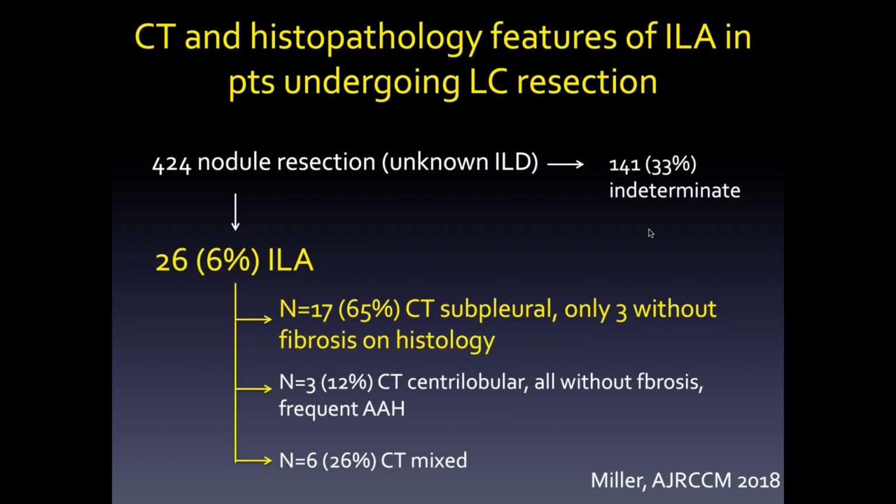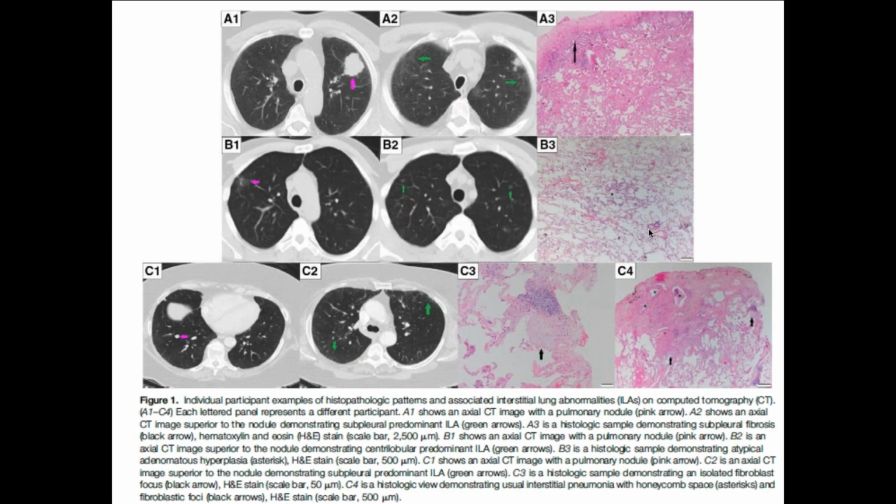They analyzed lung tissue obtained in subjects submitted to lung resection for lung cancer without ILD or with unknown ILD, and they found centrilobular alterations, so mainly smoking-related ILD, fibrosis, subpleural fibrosis, and even in some subjects, a UIP pattern with fibroblastic foci, and also honeycombing changes.